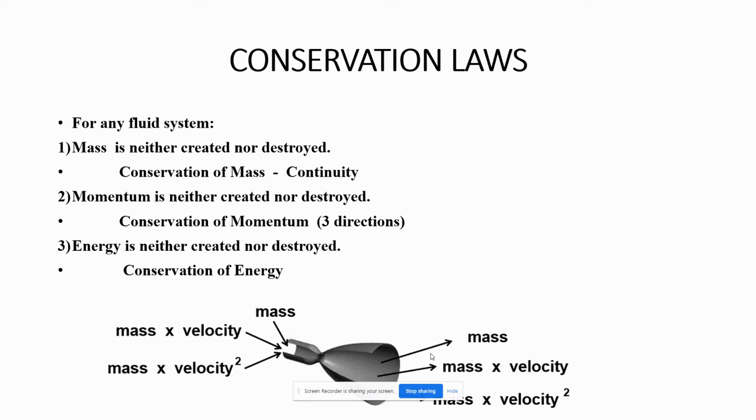Conservation of momentum can be proved in three different directions, because calculating for all directions together would be more complicated. To avoid such complications, we deal with specified directions: momentum equation for x direction, momentum equation for y direction, and momentum equation for z direction.